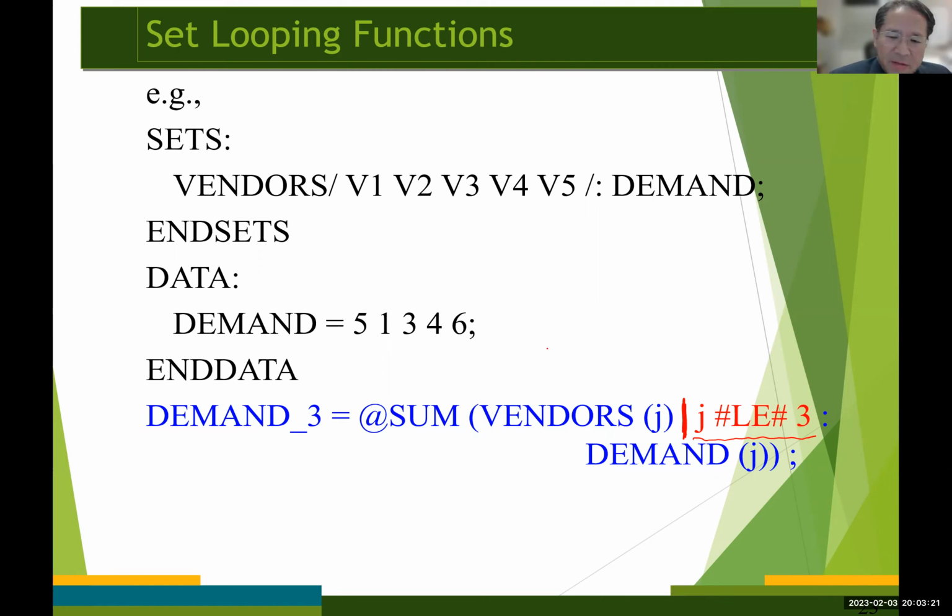So the corresponding math formula should be demand 3 equals the sum over demand J, but this time J goes from 1 to 3, right? Because it says J has to be less than or equal to 3. So in this case, how much is that? The first 3 values, if you add up 5 plus 1 plus 3, how much is that? 9, okay? Does it make sense?